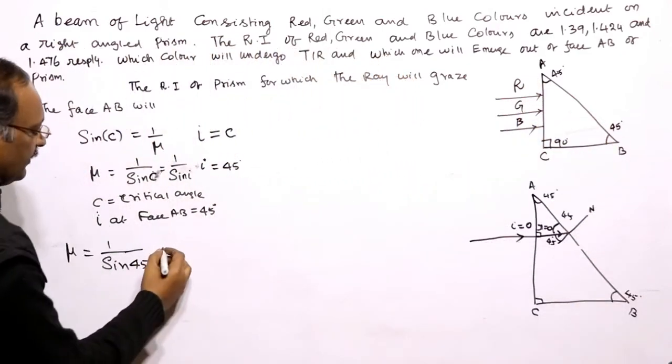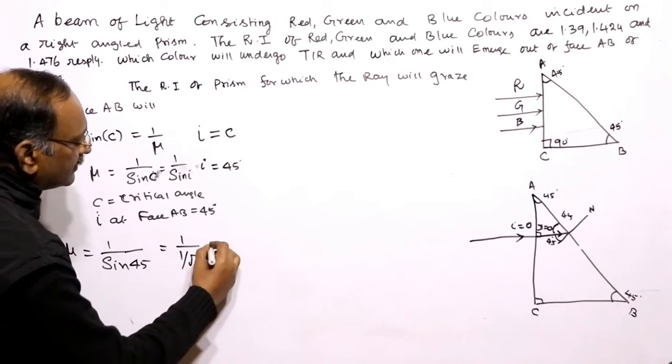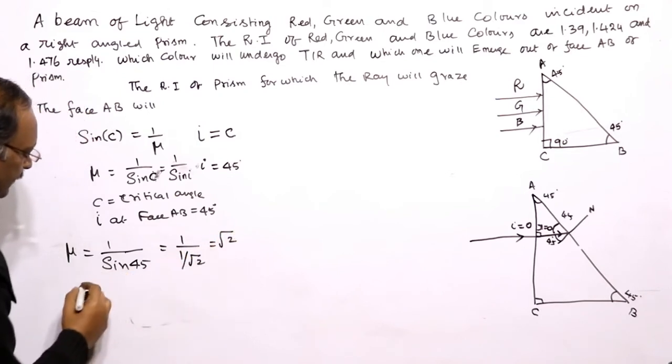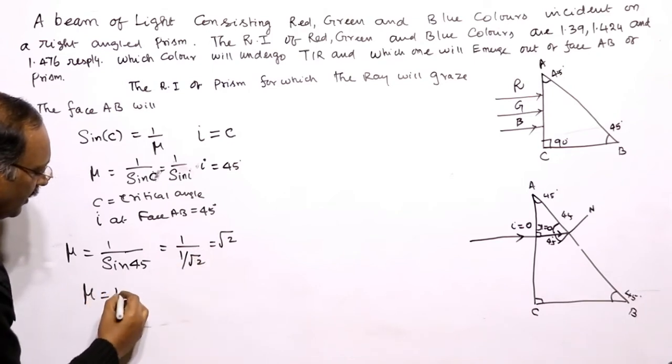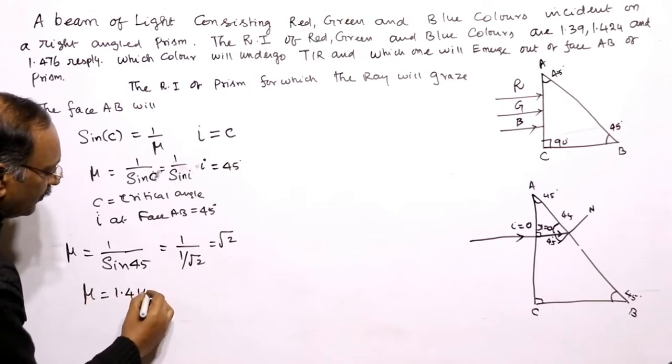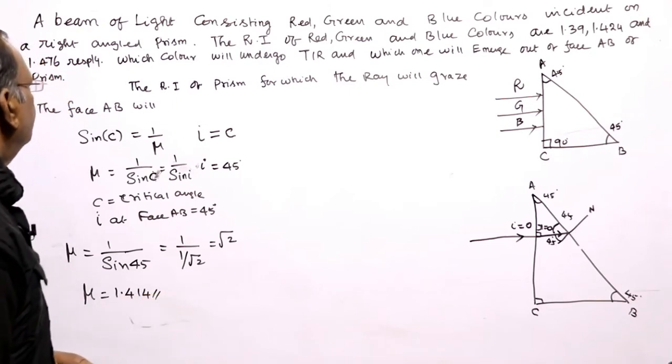So 1 by sine 45 is equal to 1 by 1 by root 2, which is root 2. Therefore the refractive index of the prism material is root 2, which is equal to 1.414.